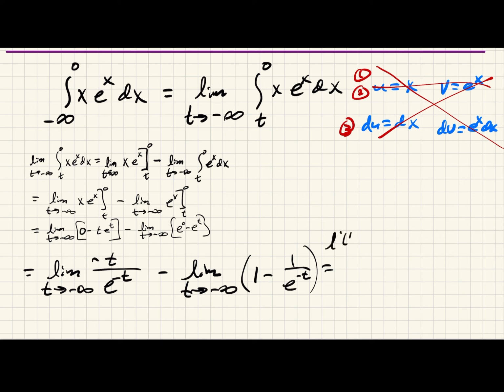So L'Hopital's rule. So I can go the limit as t goes to minus infinity. So that first term there, that's going to be minus 1, right? And the bottom, yeah, negative e to the negative t. Okay, that worked out really nice. And the second one here is, well, that's 1 minus 0, isn't it?